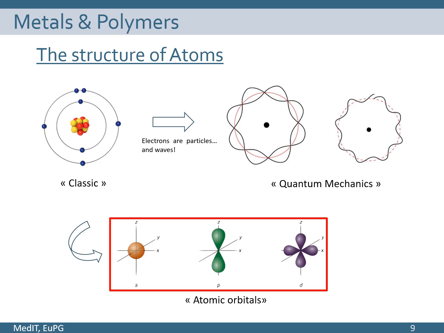So these are known as atomic orbitals. That's a term that is very important in physics. So once again, what you see here are three atomic orbitals, three interference patterns in three dimensions. So interference patterns of the electron cloud or of the electron wave.